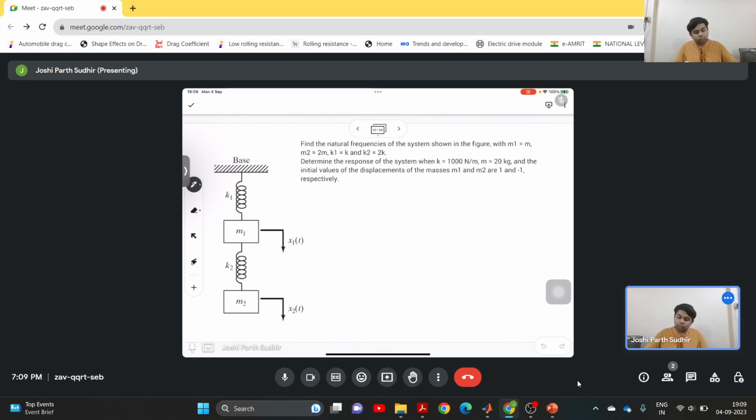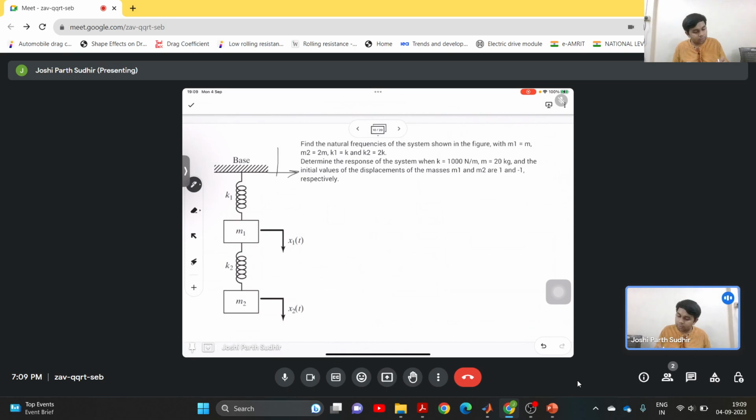The first thing about solving such problems is to define our coordinate system. Since it has already been given to us, we have the coordinates x1 and x2, which define the positions of the masses m1 and m2.